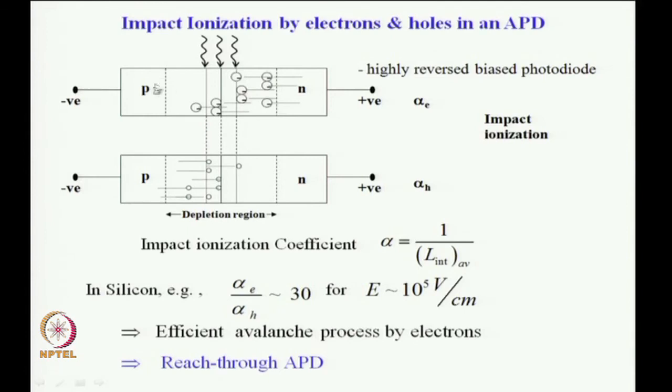So, an electron moving in this direction will keep on creating additional electron-hole pairs. Similarly, a hole which is generated here will, as it accelerates in this direction, create additional electron-hole pairs.